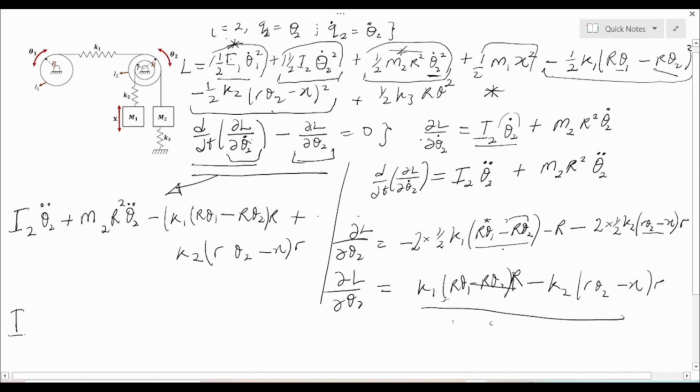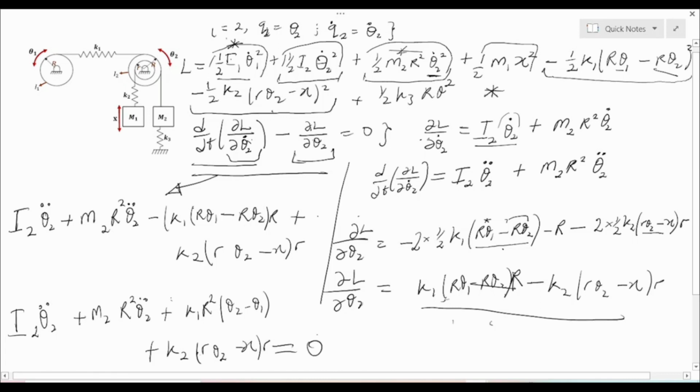You may want to work it out to get I2 theta 2 dot dot plus m2 r square theta 2 dot dot plus k1 r square theta 2 minus theta 1 plus k2 r theta 2 minus x times r, all will be equal to 0. And this constitutes our second equation of motion for the system.